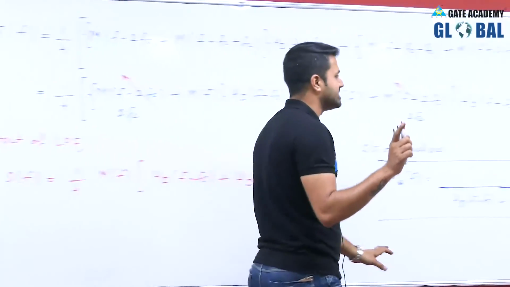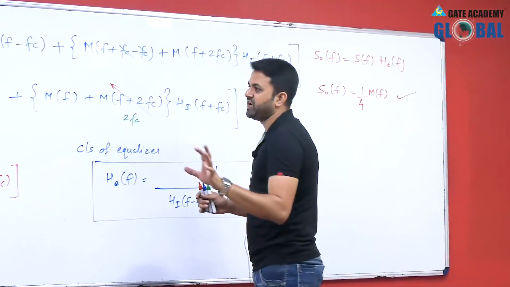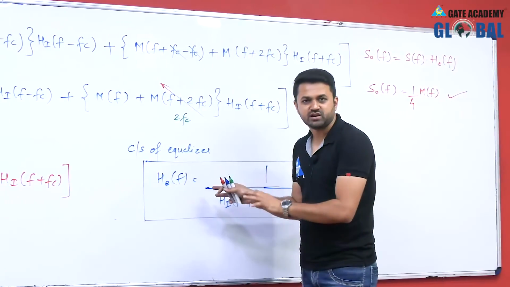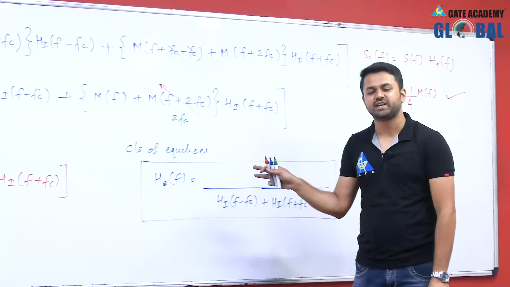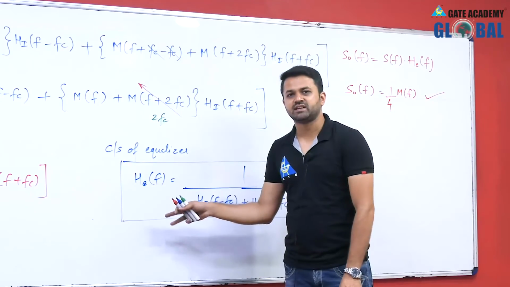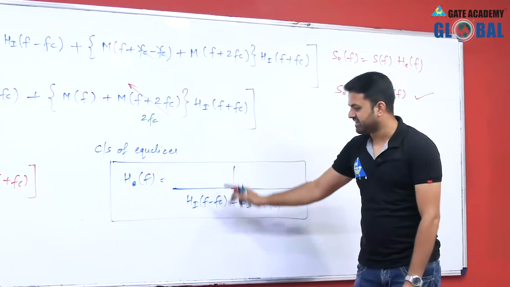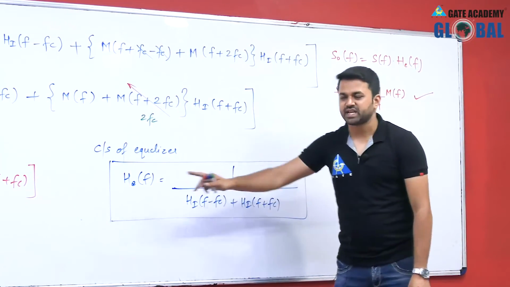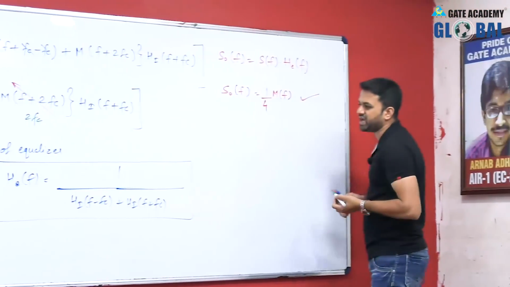There can be two considerations. One way is to put the equalizer at the output of the low pass filter with this characteristic, and after multiplication you will get the message signal back.